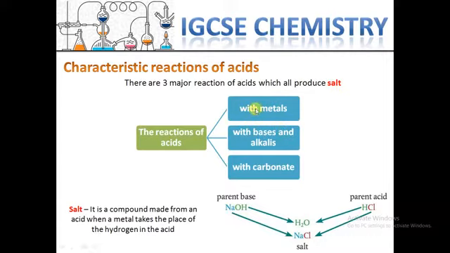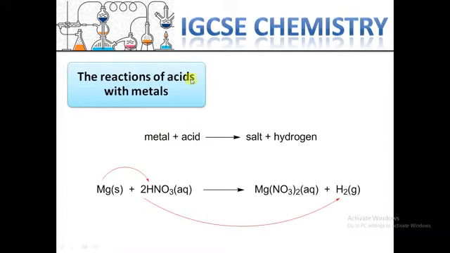For the first one, with metals, when acid reacts with metals, the reaction can be like this: metal plus acid gives salt and hydrogen gas. This is an example.